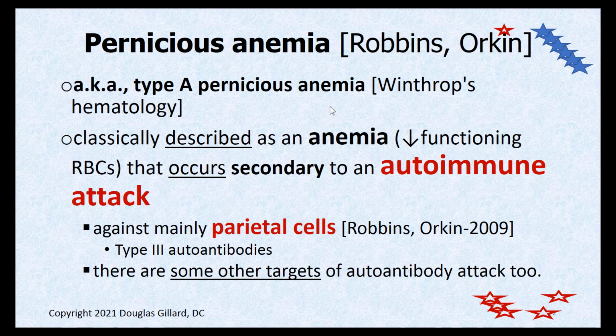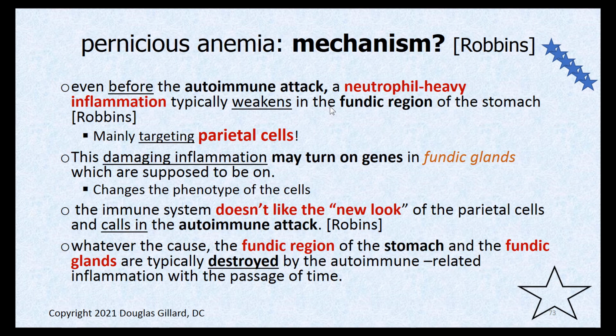So mainly it occurs secondary to an autoimmune attack against the parietal cells via type III antibodies, which we'll talk more about in a minute. What's the mechanism? Before the autoimmune attack occurs, because you're usually not born with this, they think that some pre-existing inflammation starts, and that inflammation may get into the parietal cell genes and turn on some genes that are normally dormant.